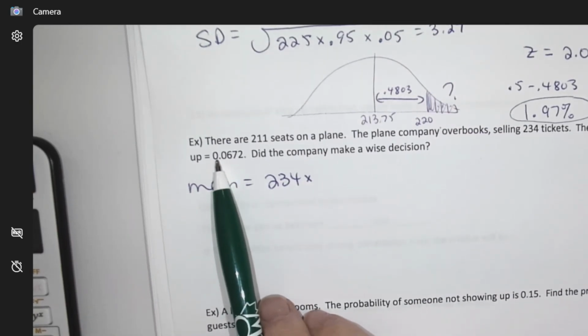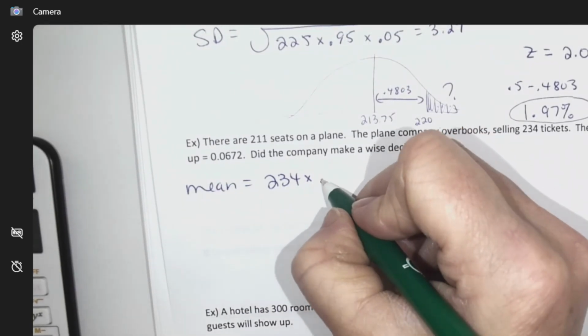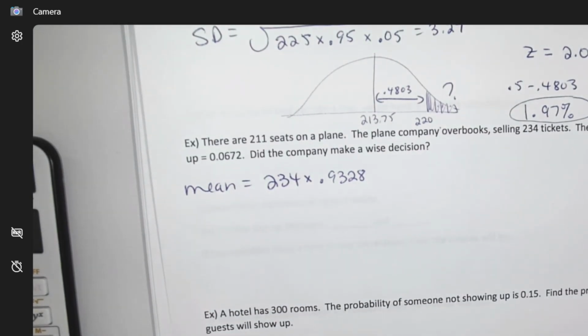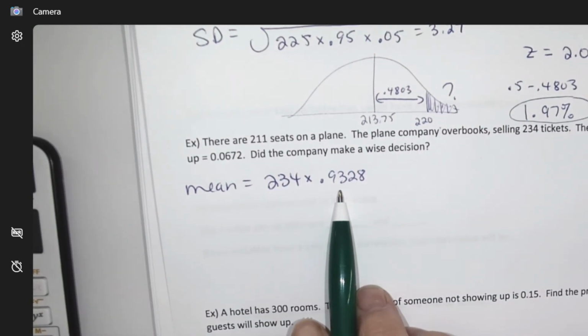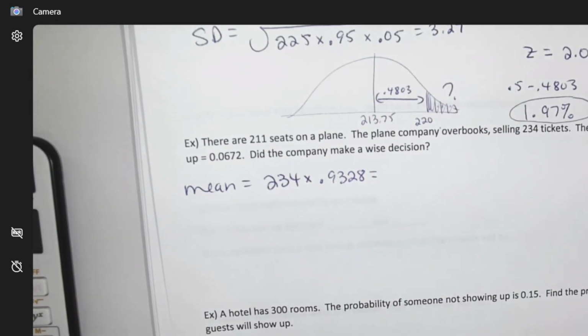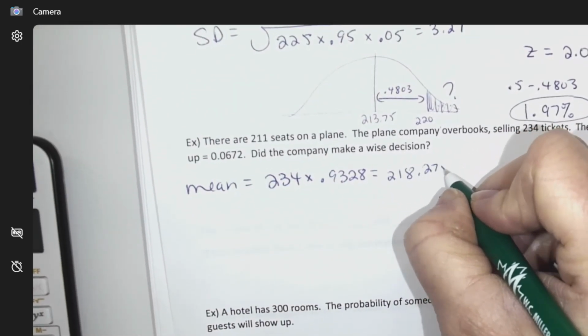So this is the likelihood that they're coming. How many people should we expect? 218. Ooh, that's not good.